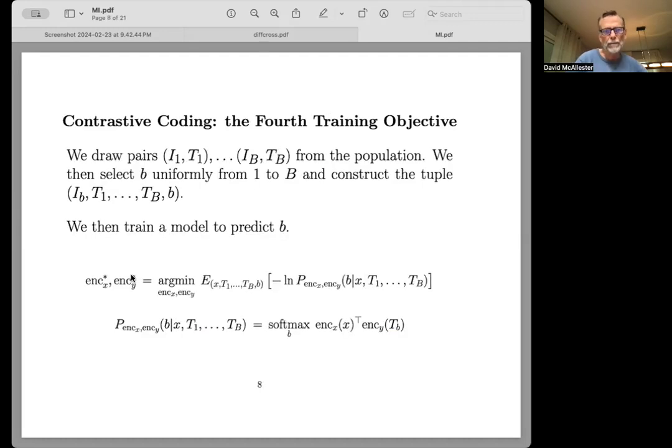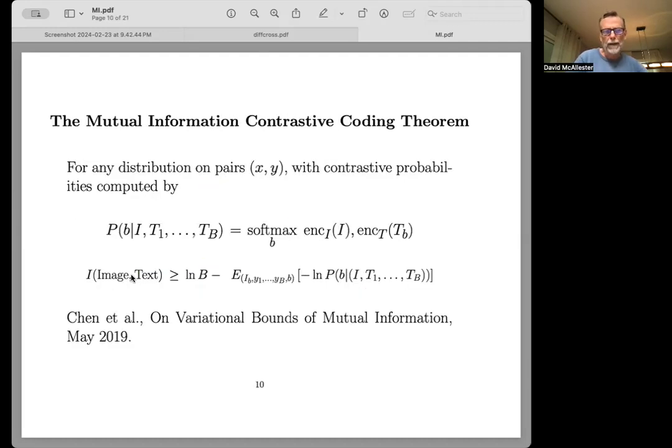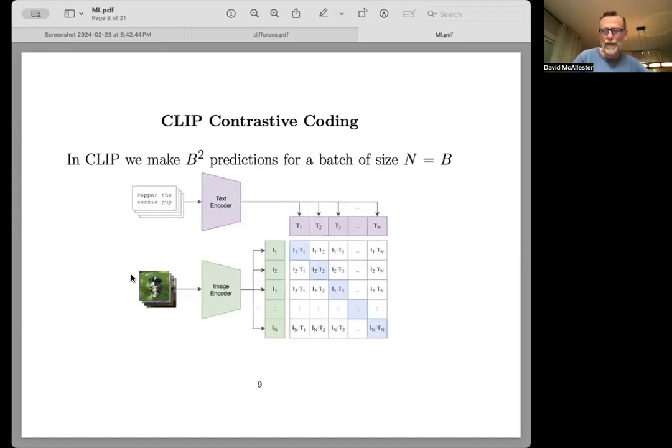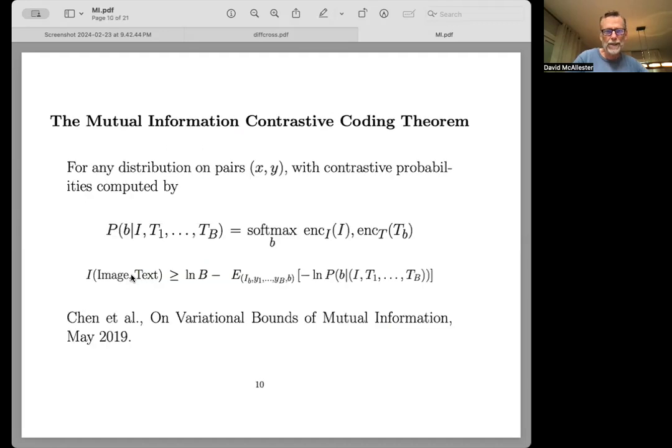So what's the theorem? Is there a theorem associated with this? So it turns out there is. Not everyone's convinced by this theorem, but this appeared fairly quickly after the contrastive predictive coding paper appeared.